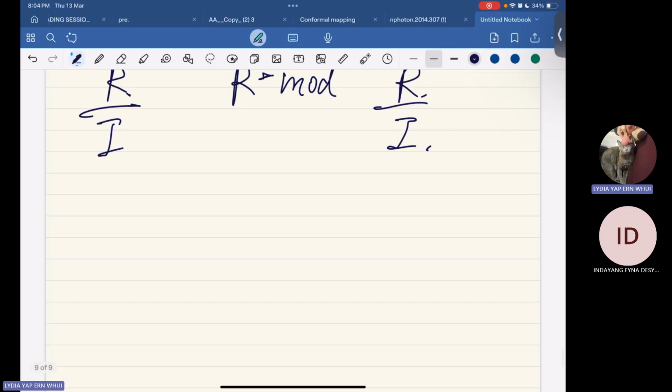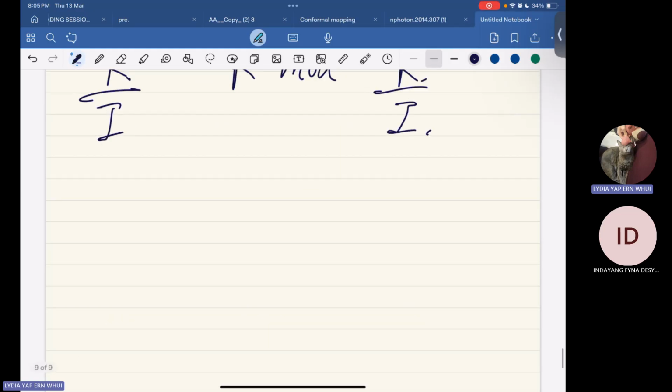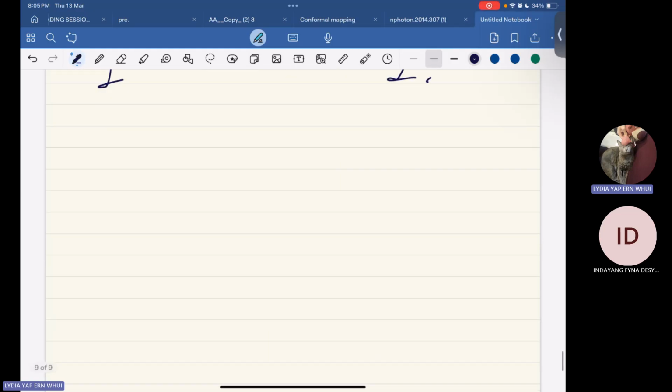So let's go back to this thing. We see this as a quotient ring, right? And if we treat it as a module, it is a module over a polynomial ring, right? Can you see this? I will repeat what I'm trying to say.